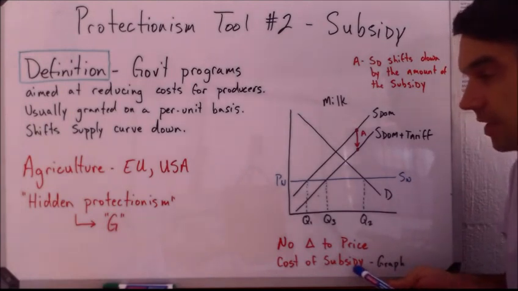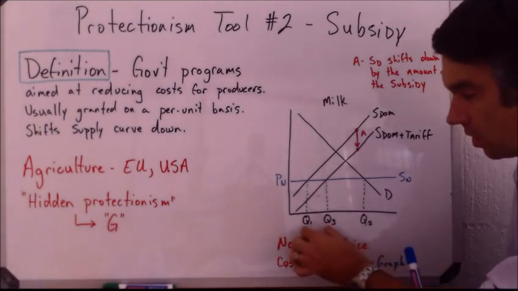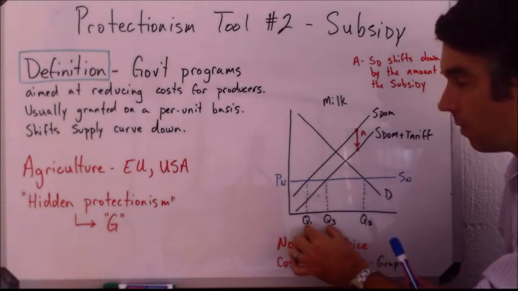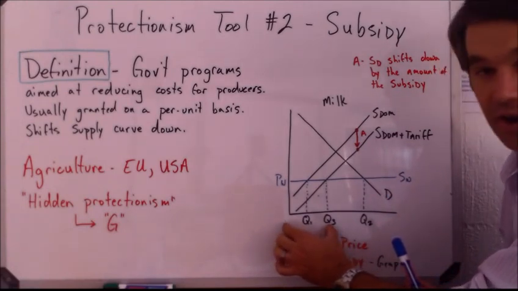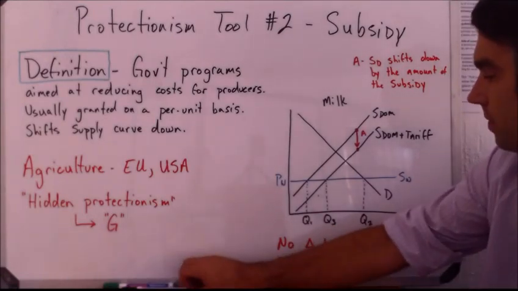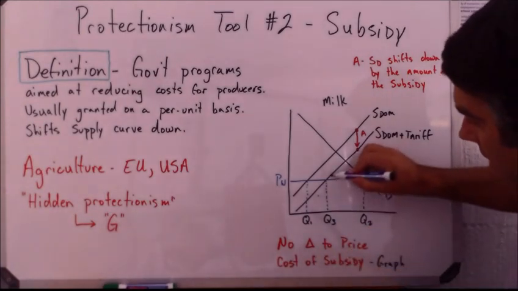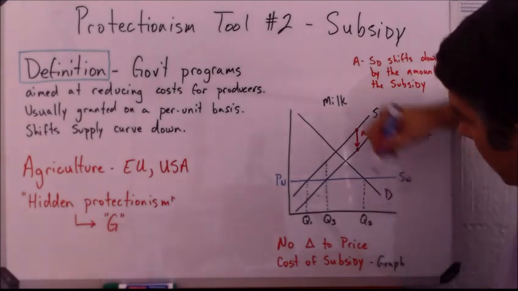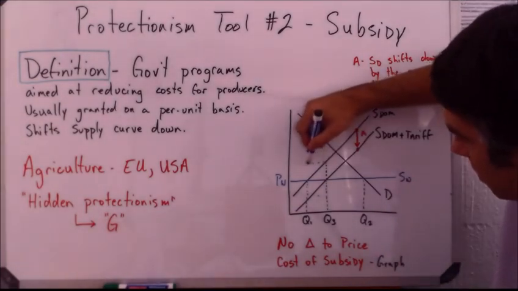Okay. So there's going to be no change to price, but again, notice, there is going to be a huge cost of the subsidy to the government. The only new milk they got for their domestic producers is Q1 to Q3, but they have to pay a subsidy on all of the milk that the domestic producers produce, 0 to Q3. So what's going to happen is from Q3, we have to come up to the old supply curve and then across.